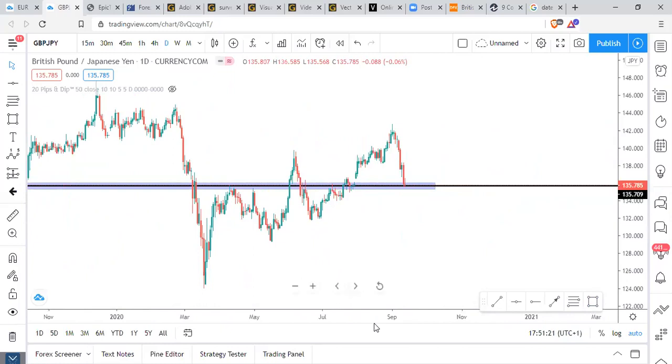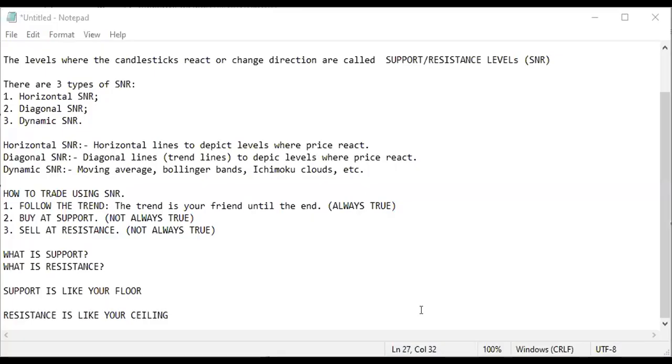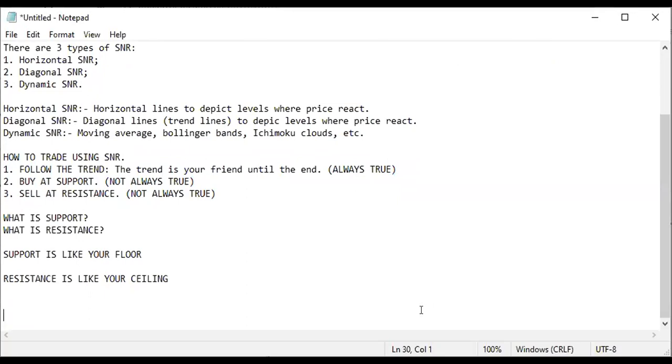Let me go back to my notes. If price breaks your ceiling, it turns to a floor.